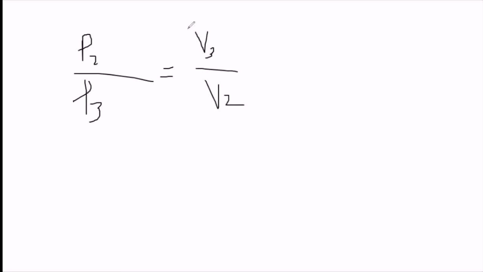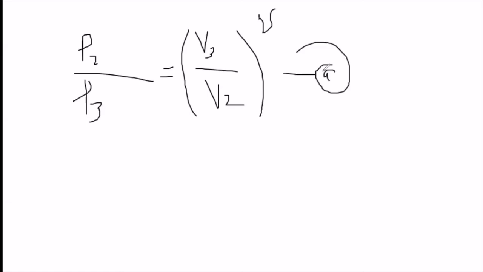So here we have P2 by P3 is equal to V3 by V2 to the power of gamma, right? Now I have taken this as equation A. Now what we got in the notes, observe the notes.